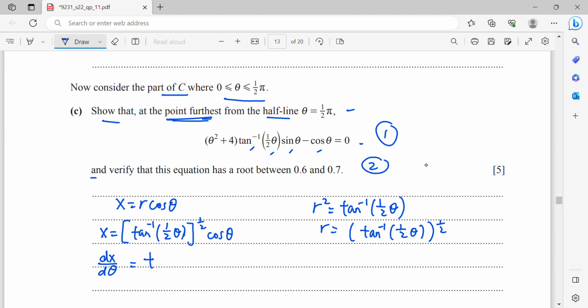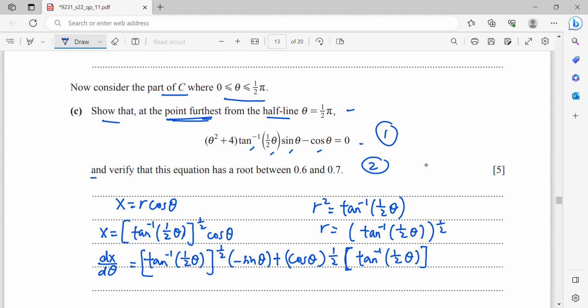So keep the first term, differentiate cos theta, which is negative sine theta, plus, keep the cos theta, differentiate the first term: bring down the half, the inverse tangent half theta, the power becomes negative half, and now differentiate inverse tangent half theta, which we have solved just now. It will be 2 over 2 squared plus theta squared, so 4 plus theta squared from the previous part.